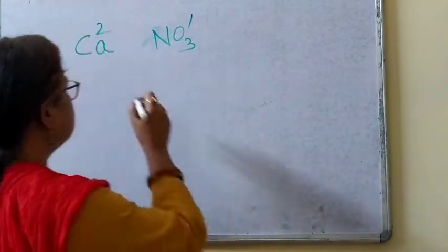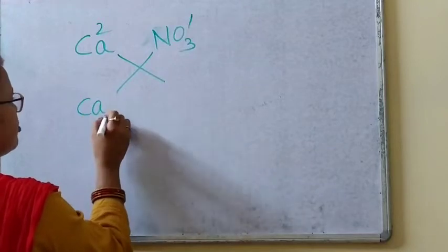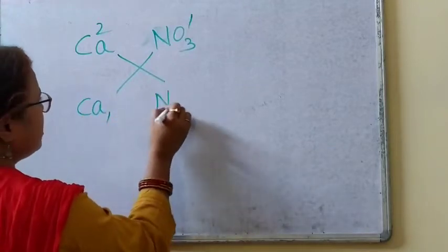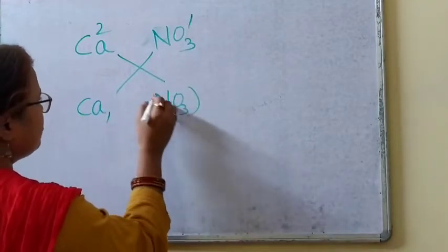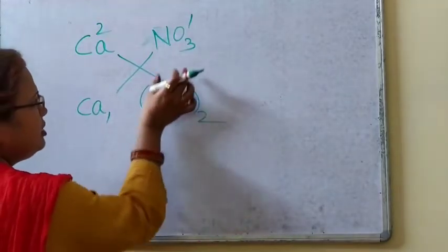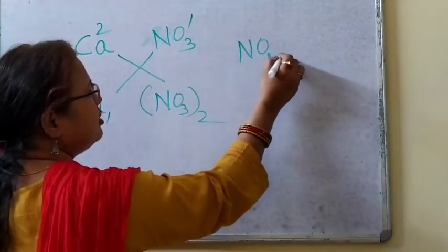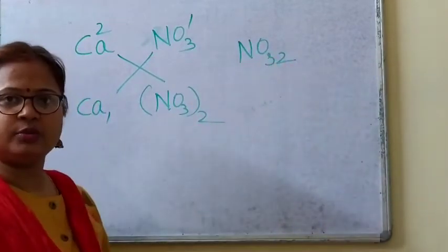Okay. Again crisscross method. With calcium you write the valency of nitrate, and with nitrate you write the valency of calcium. Always remember, when it is given like this, don't write it this way. It will become what? 32.